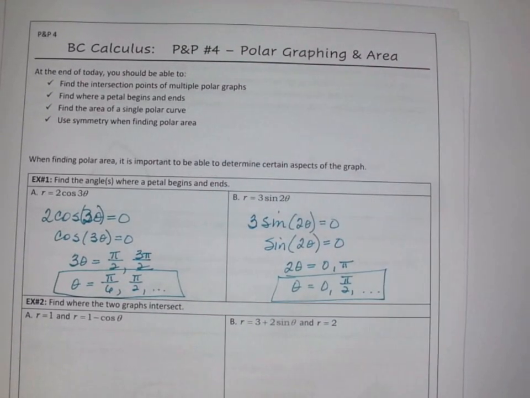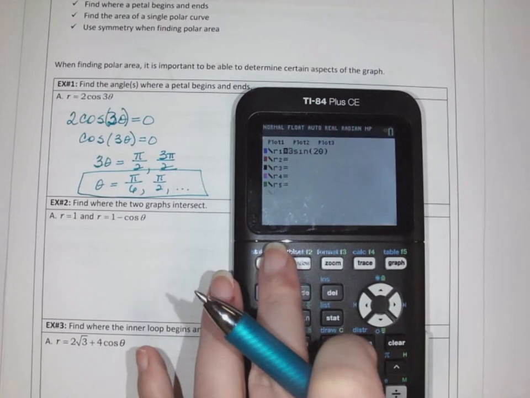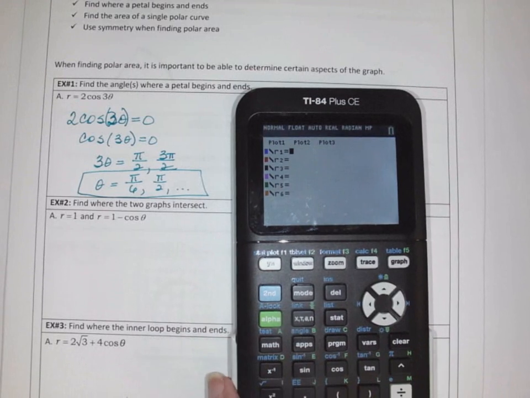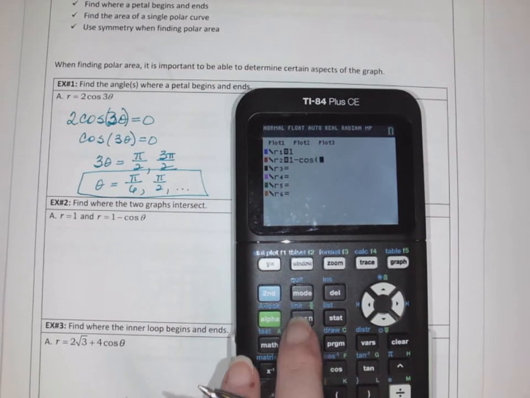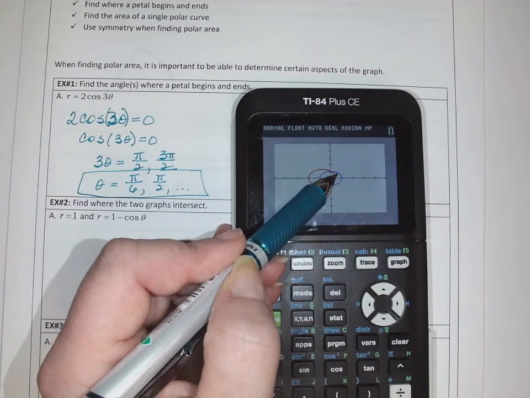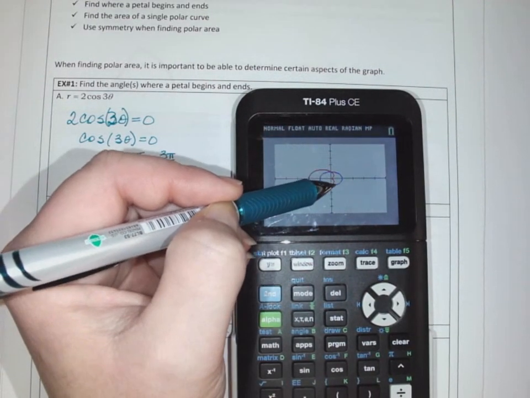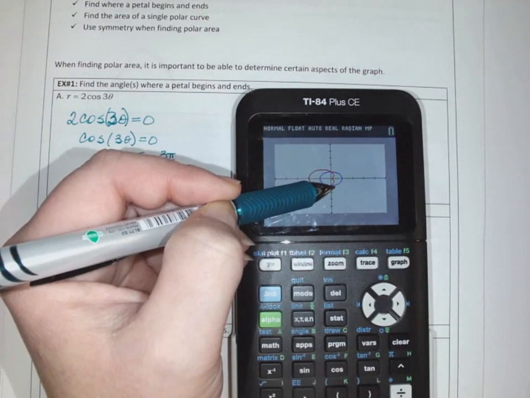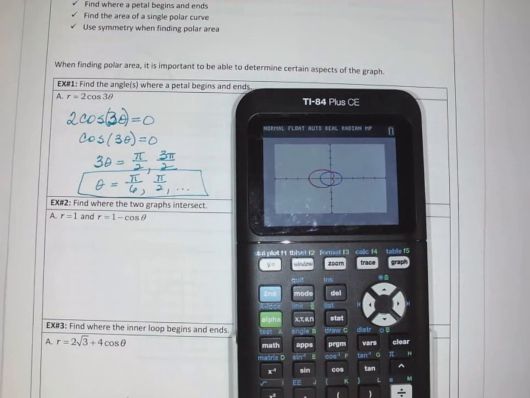All right, so the next thing we need to know is find where the two graphs intersect. So if we graph them on the calculator, the first one is r equals 1, the second one is r equals 1 minus cosine theta. If I graph those, you can see that they intersect, and if I look at the graph, it looks like they intersect at pi over 2 and 3 pi over 2, the positive y-axis and the negative y-axis.